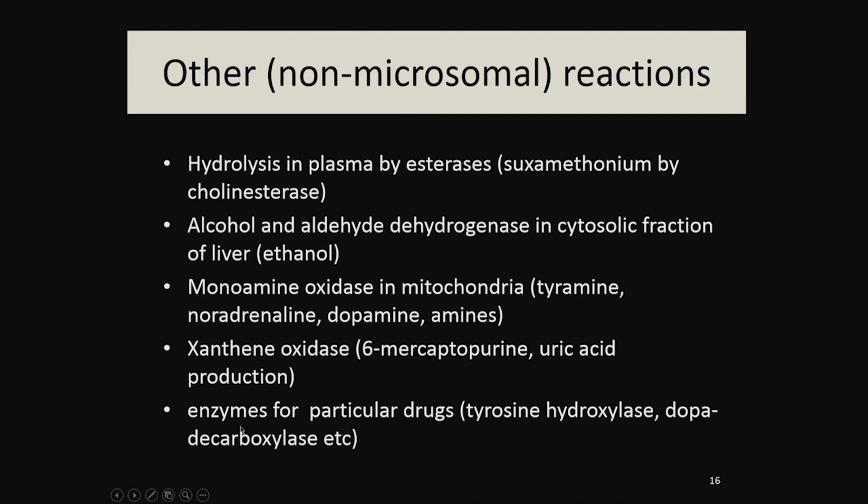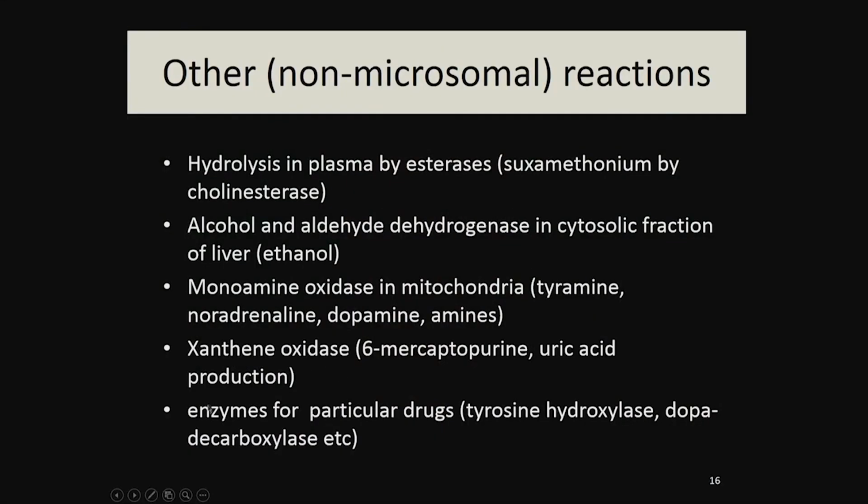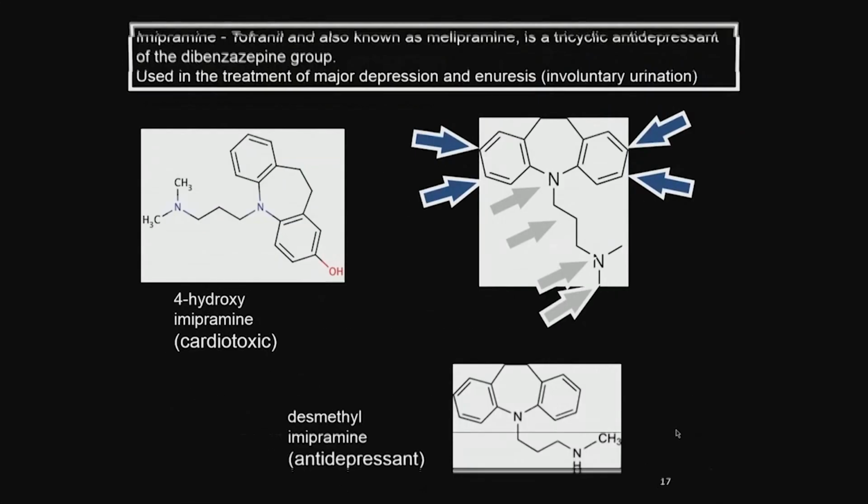They are specific for different types of drugs. So in addition to changes happening in the liver, you can also have changes in different parts through esterases, dehydrogenases, monoamine oxidase, xanthine oxidase, tyrosine hydroxylase, dopa decarboxylase. All these can act on your drug and modify its structure.